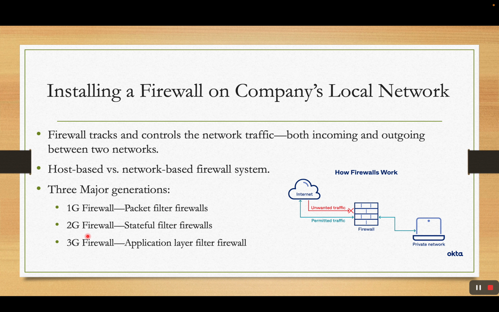Now, the second generation firewall is the stateful filter firewall. It operates at the transport layer, layer 4 of the OSI model, and can differentiate between legitimate and illegitimate packets by maintaining a state table of active connections. It tracks the state of the connections and allows only those packets that belong to an established connection or are part of an authorized session.